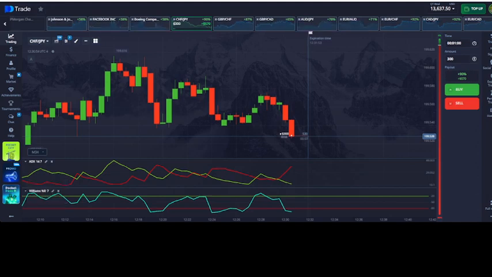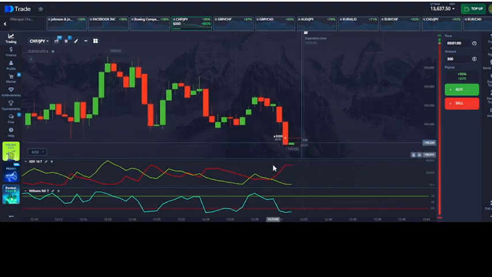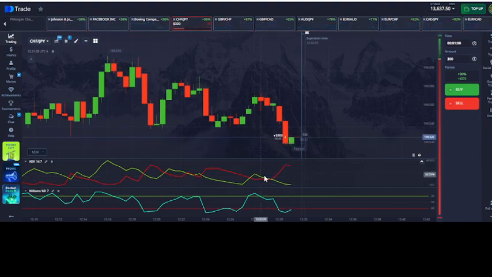Okay, so I'm on Swiss franc Japanese yen, and I just took a sell trade here. The reason why I took the sell trade here is the minus DI line crosses the plus DI line here in an upward direction. So we're looking for a divergence here. We see the lines are diverging from each other.